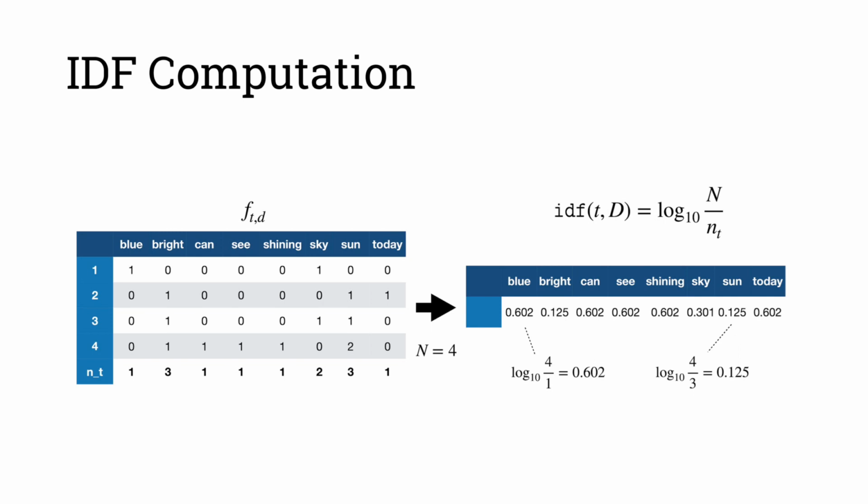So you can see that out of the 4 documents that we have, this particular word has occurred in only 1 document. Hence, its score is 0.602. Whereas the word sun has occurred in 3 out of the 4 documents. Hence, this value is closer to 0. So we can conclude that the word sun is more common compared to blue.